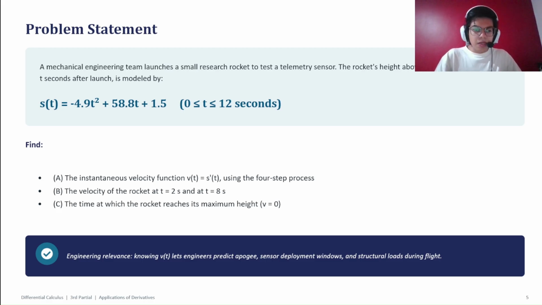So we have parts A, B, C. We need to find A, the instantaneous velocity function, v(t) = s'(t), using the first-step process. B, the velocity of the rocket at t = 2 seconds and at t = 8 seconds. C, the time at which the rocket reaches its maximum height, v = 0.